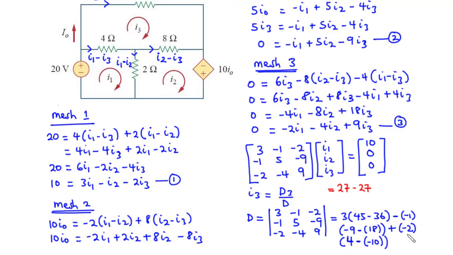Again, we have -2, and then here we have 4 minus -10, which is plus 14. So -2 times 14 is -28. So 27 cancels out 27, because 27 minus 27 is 0. So we are left with -28. Therefore, the determinant of this 3 by 3 matrix is -28. Now let's move on as we find the value of D3.